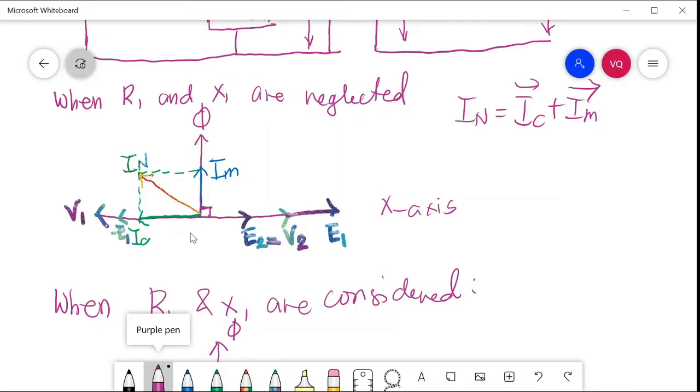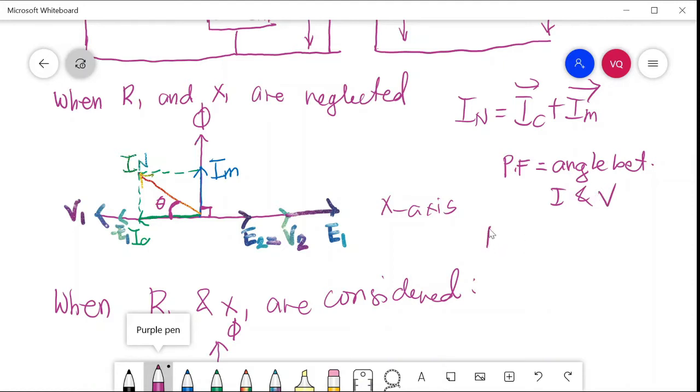Okay? So this angle will be your angle theta, the angle between the input voltage and the no load current. Remember, power factor is the angle between current and voltage in your circuits too.